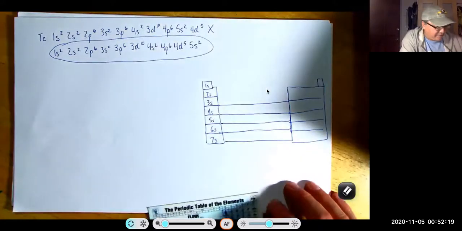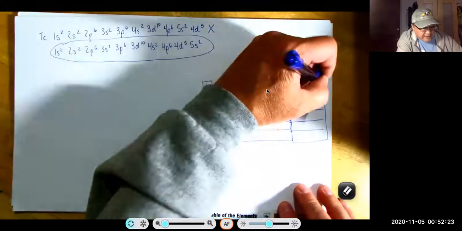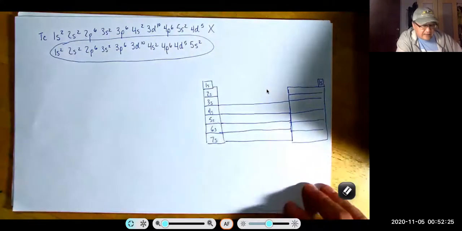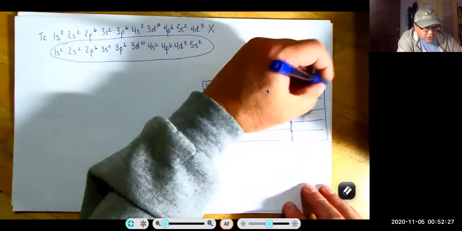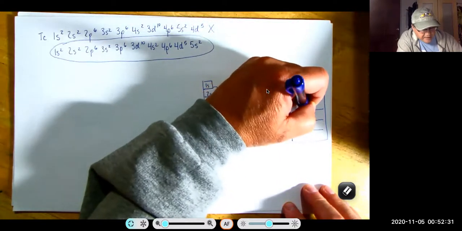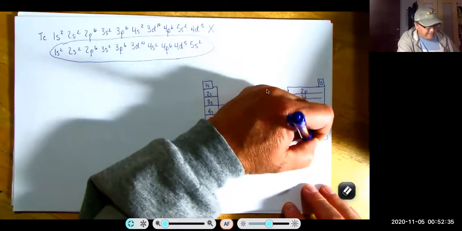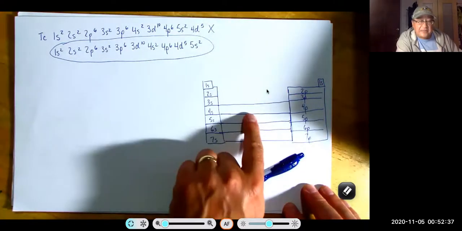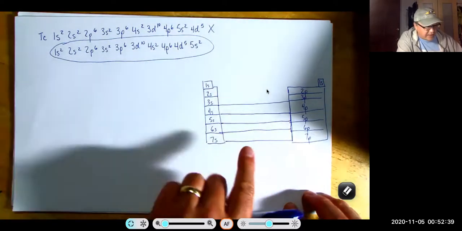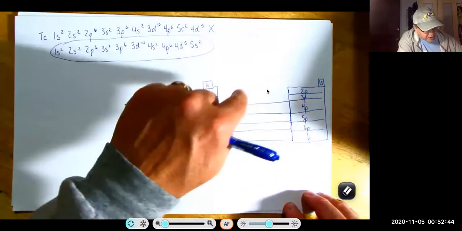So let's fill these in. So when we fill these in, this is 1s, but then this is the p block. So we start with 2p, 3p, 4p, 5p, 6p, 7p. This is the d block, and d blocks start with 3. So s blocks start with 1, p blocks start with 2, d blocks start with 3.